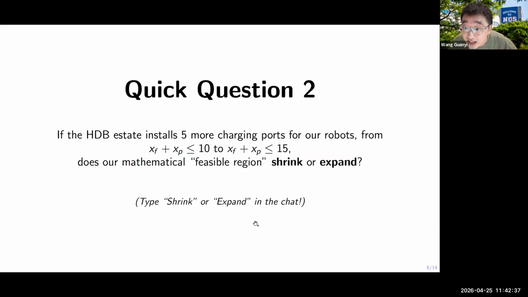I find a question asked by Luke Jim: as a network optimization problem. That's an interesting question.